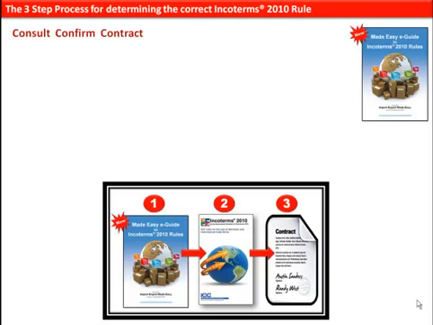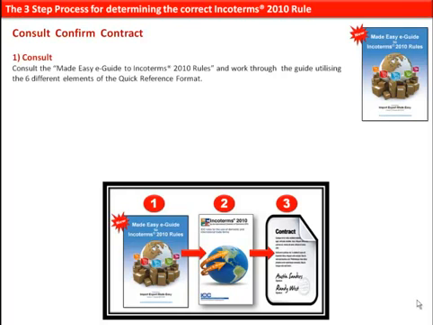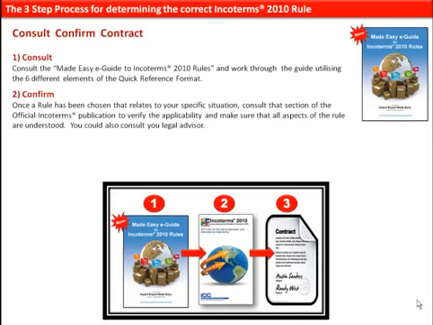We recommend the 6-step process of determining the correct Incoterms rule. Consult, confirm, contract. 1. Consult. Consult the e-guide and work through the guide utilising the 6 elements of the quick reference format. 2. Confirm. Once a rule has been chosen that relates to your specific situation, consult that section of the official Incoterms publication to verify the applicability and make sure that all aspects of the rule are understood.